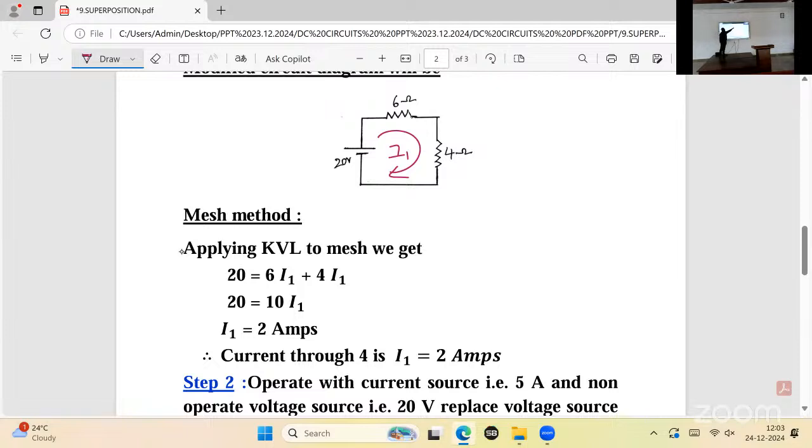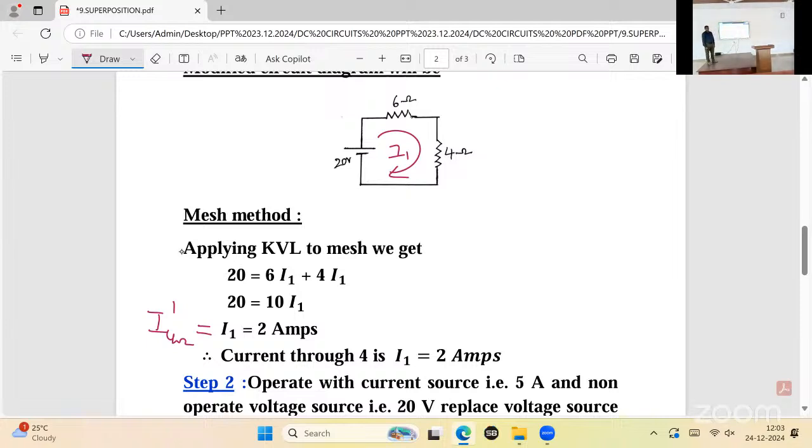These two are in series, and in series the current is the same. So 20 is equal to 10 I1. Therefore, I1 is equal to 2 amperes. What is the current in 4 ohms now? 2 amperes. Give this I1 the new name I4 ohms single dash.